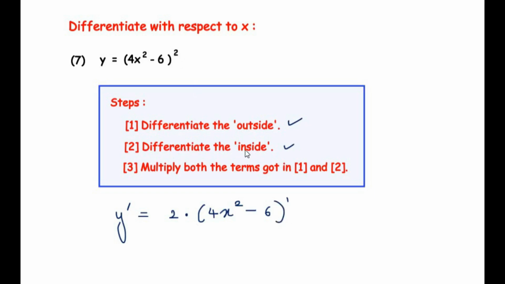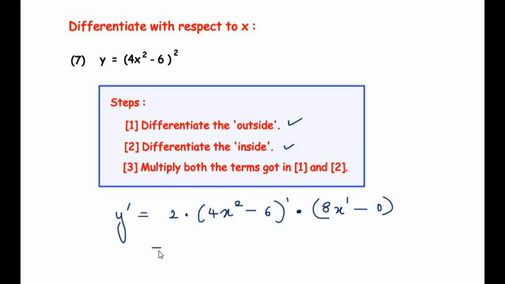Then we are going to differentiate the inside. That is, we are going to differentiate the terms which are inside the bracket. So here, using the power rule, 2 multiplies with 4, so we have 8 times x. Now the power of x reduces by 1, so we get it as 1. Minus 6, that is differentiation of a constant, is 0. So these two terms we have to multiply. This would be our third step.